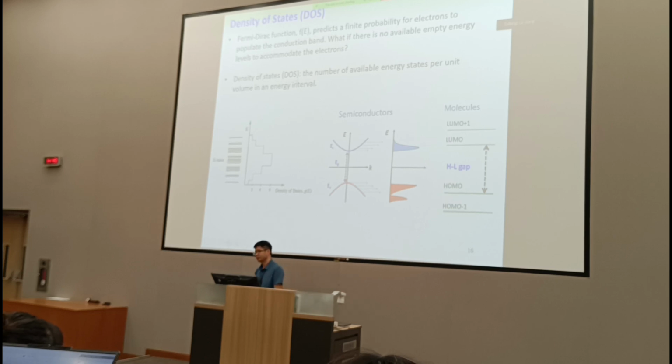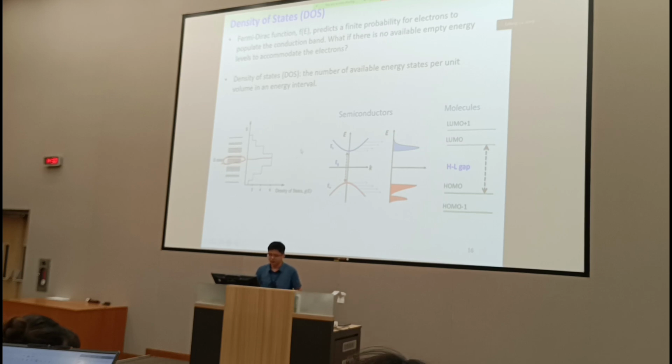Density of states is the number of energy levels per unit volume in an energy interval. Just as illustrated here, in a certain energy interval you have many energy levels. Then you count the number of states, and where the density is high it gives you peaks when you plot the density of states as a function of energy.